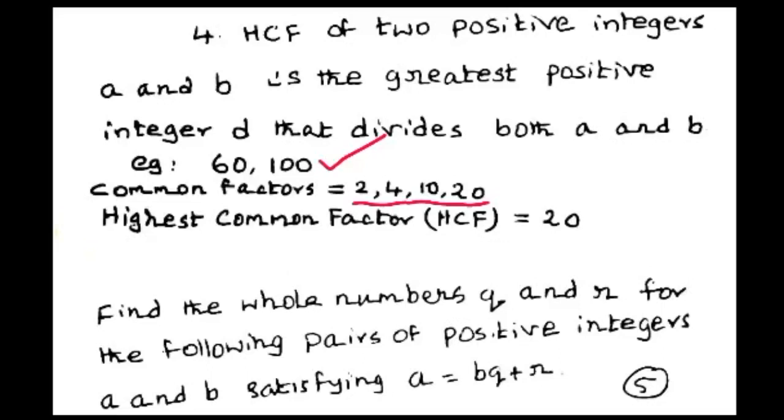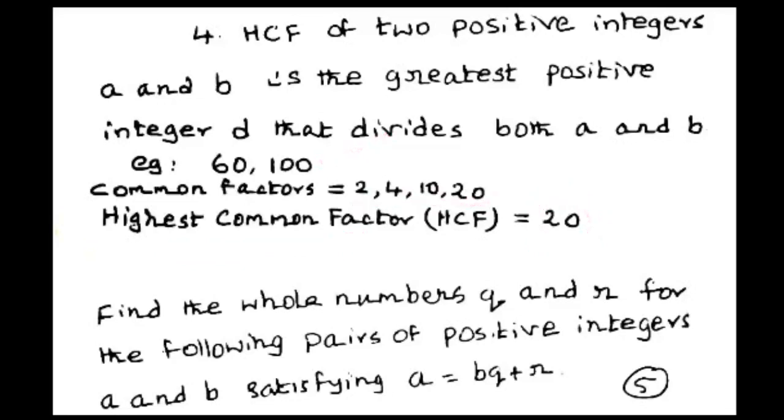But what is the highest common factor which divides both 60 and 100? 20 is the highest common factor which divides both 60 and 100. Therefore, HCF is 20 for the numbers 60 and 100.